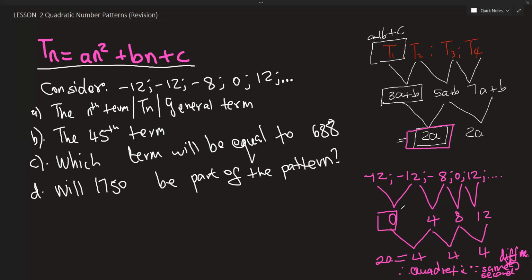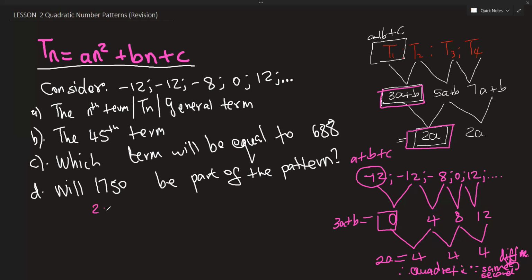Then the part here is always equal to 3a plus b, and this is the first term, which is a plus b plus c. Now I can easily solve for my a, my b, and my c.